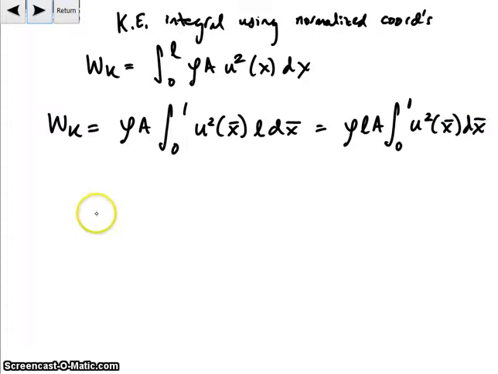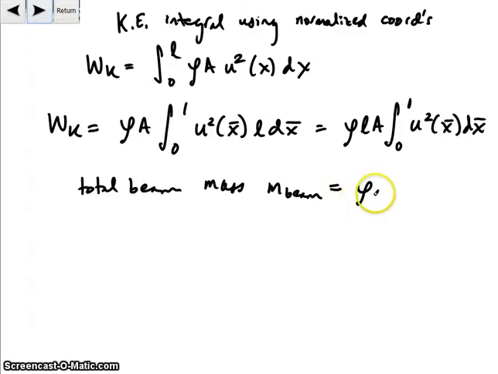You could recognize that if we had a rigidly translating beam, the total mass of that beam is just rho L times A. So this leading part in front of the integral is the total beam mass, and I forgot a factor of 1/2 here, because we're calculating the kinetic energy.